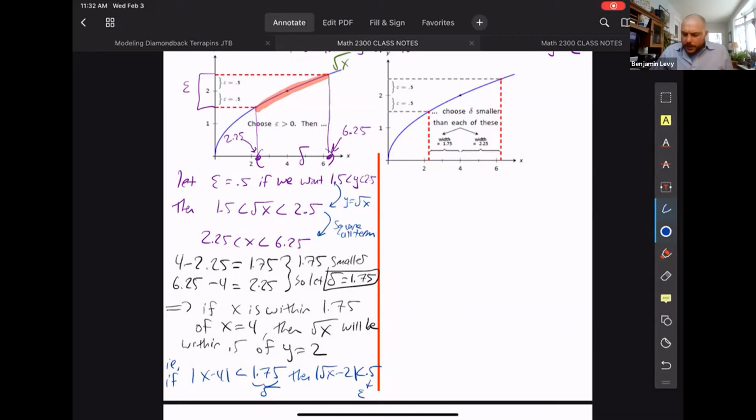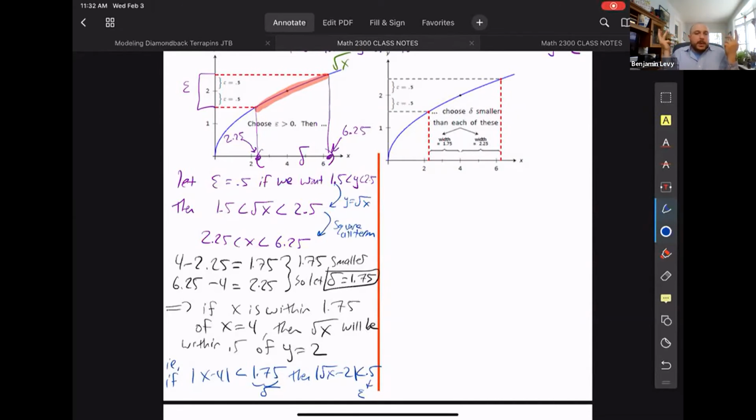Can I ask you some questions about this? We're going to do this in general in a second. So we're going to make this more careful and more general than it already is. I've picked specific epsilons, right? I'm saying I want to be within 1/2 of that limit, and what I just determined is if I want to be within 1/2 on the y values, then on the x values I need to be within 1.75 of 4.